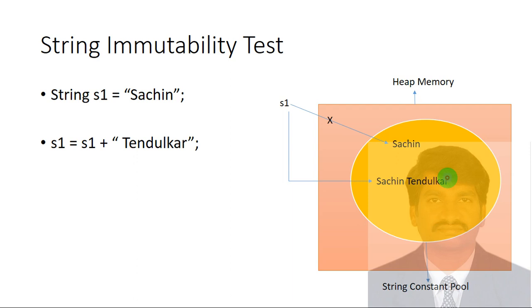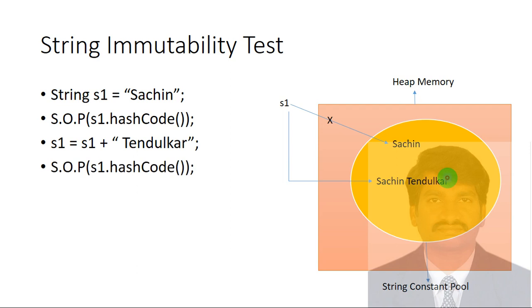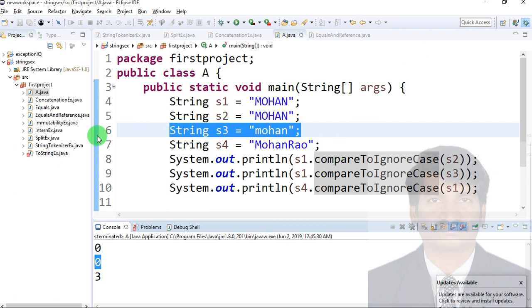If both are equal, then strings are mutable. That's what I'm going to do, guys. I'm going to call the hashCode method after creating Sachin, then again call hashCode on s1 after concatenating Tendulkar. Let me show you how that will work.